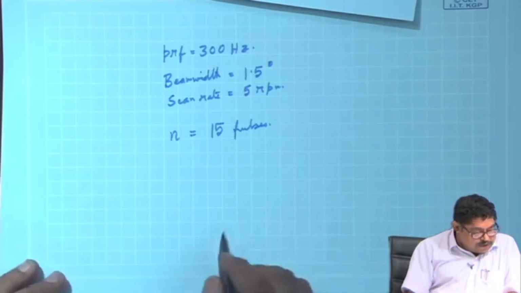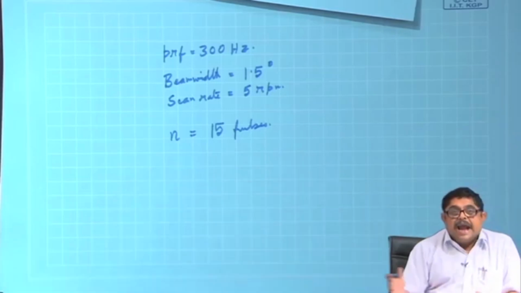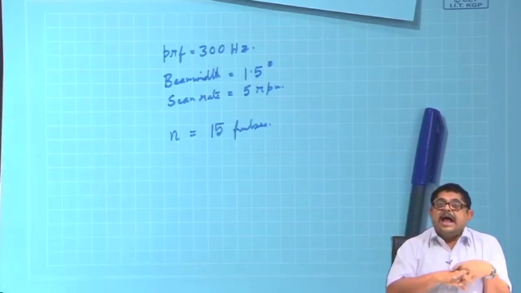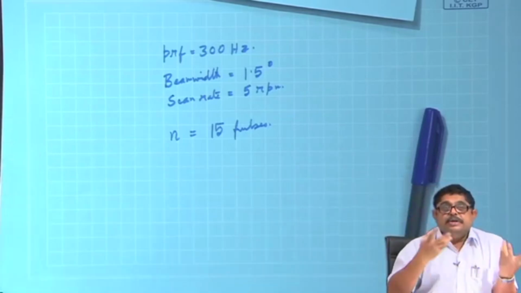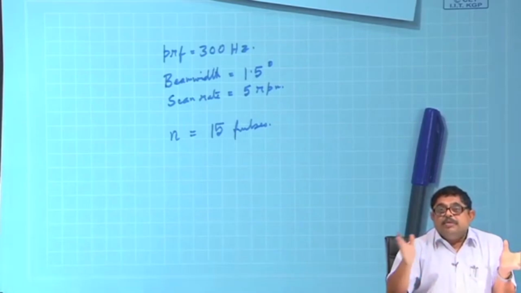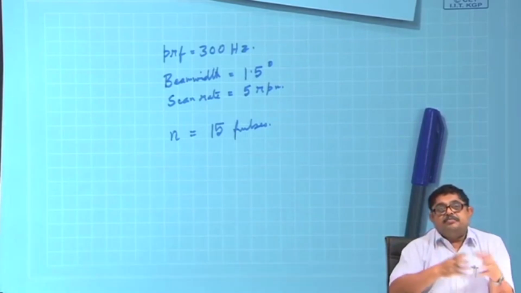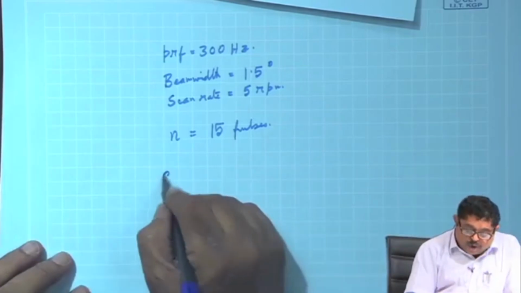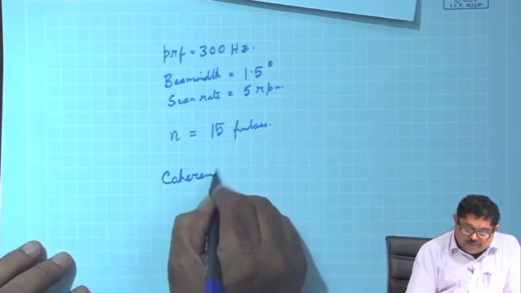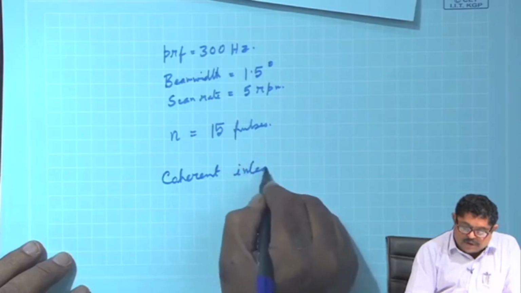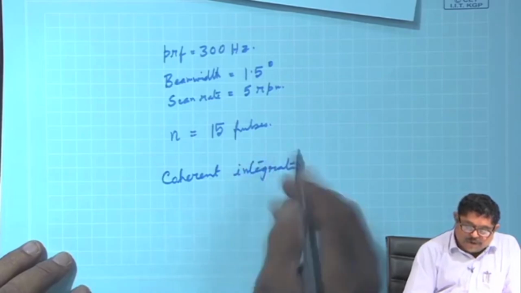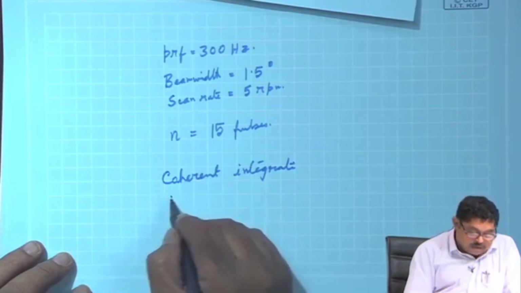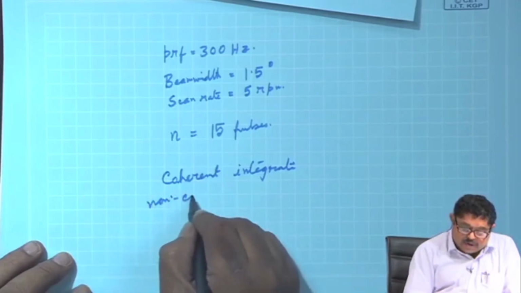Now, two more things. This addition of pulses: you remember this is an RF signal, it has amplitude and it has phase. So, if you do the integration vectorially, that is called coherent integration. If you do not do it vectorially, it is called non-coherent integration.